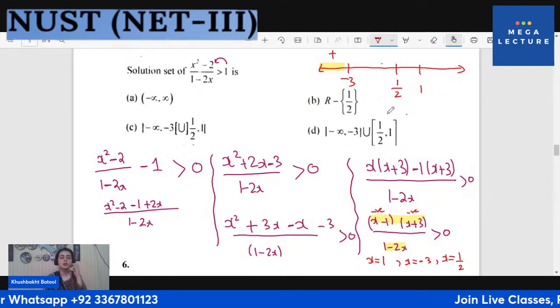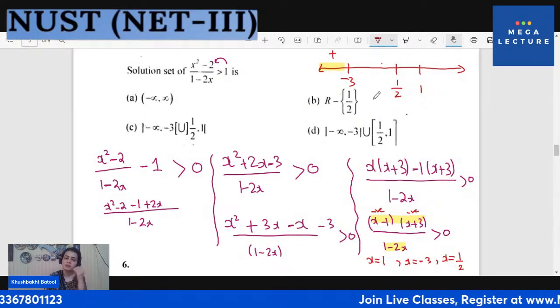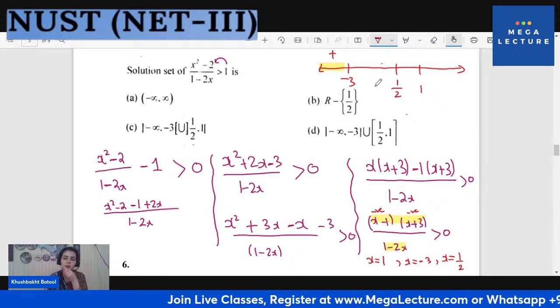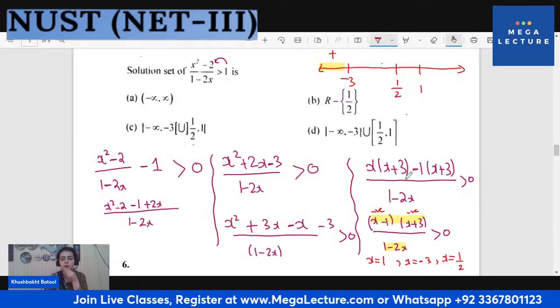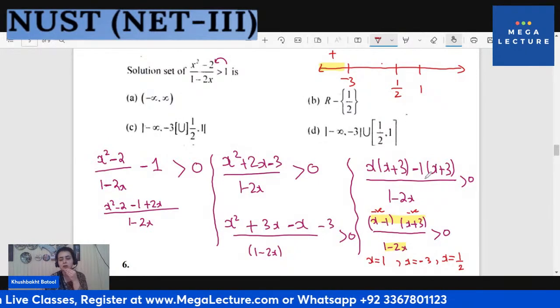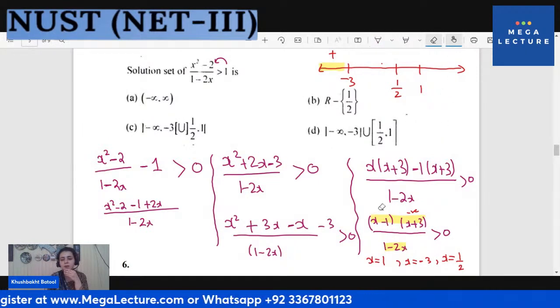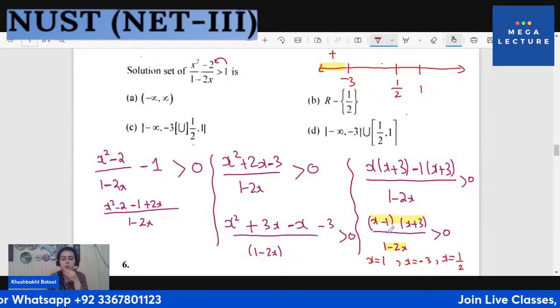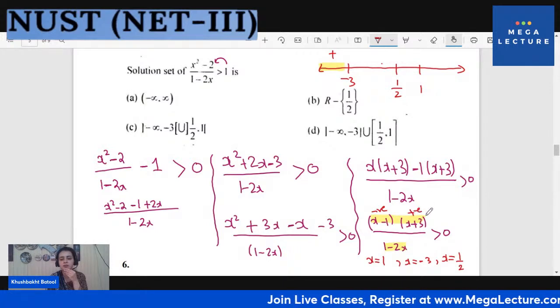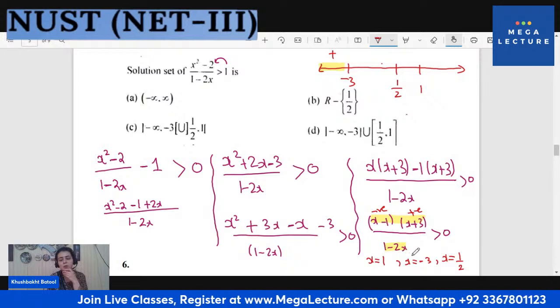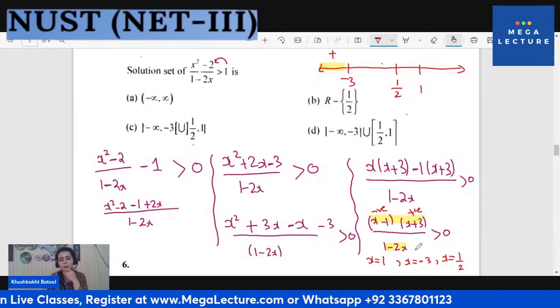Okay, now what is going to happen for the other cases? Now we need to pick up a value between minus 3 and 1 by 2, and that value can be minus 1. For minus 1, x minus 1 would be negative, x plus 3 would be positive, and 1 minus 2x would be positive, right?